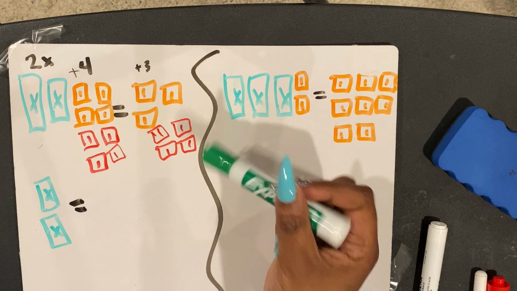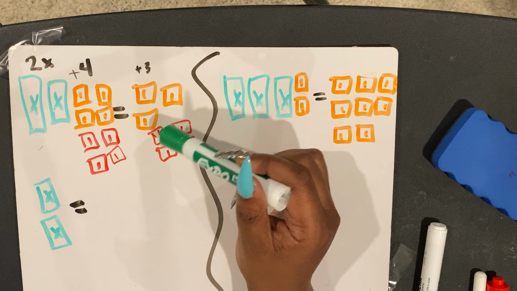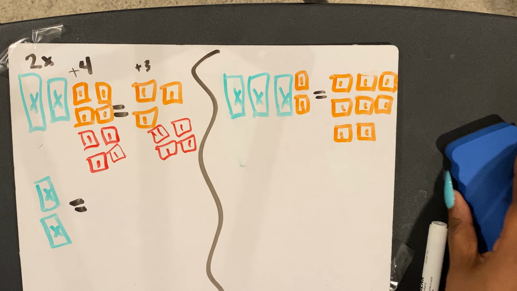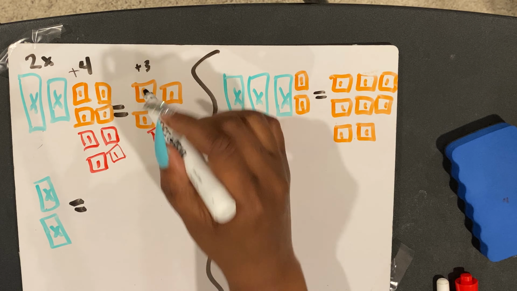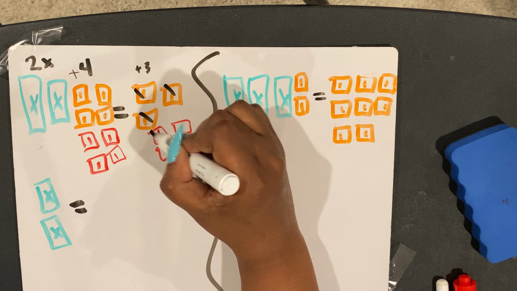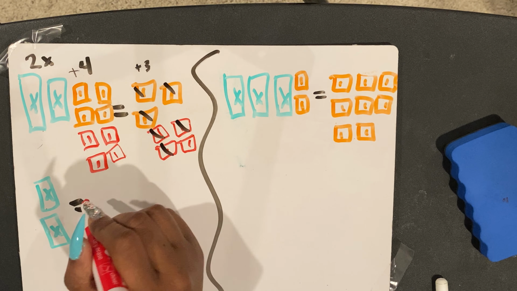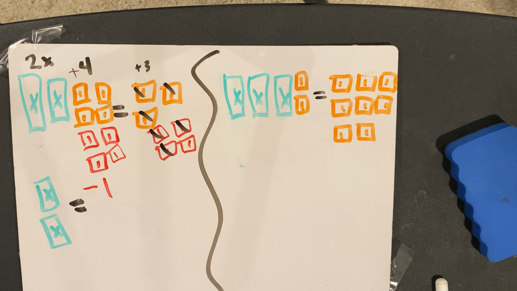Now, 1, 2, 3, I need to take away 1, 2, 3. When I take away those 3, I don't want to cross my colors here, so let's do black, because black doesn't get too messed up here. So we have 2x equals -1.